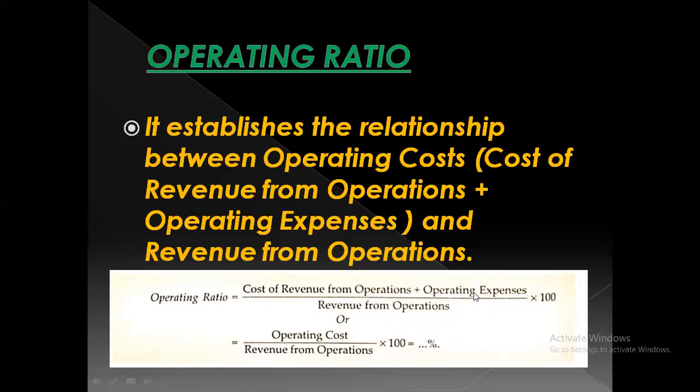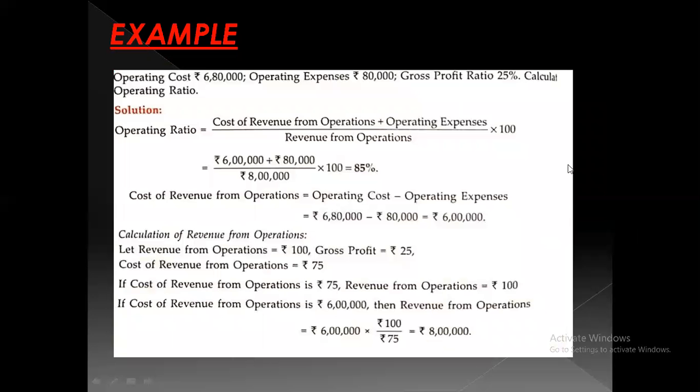Here the meaning of operating expense means operating indirect expense, because the direct expenses are already included in cost of revenue from operation, divided by revenue from operation into 100. Or instead of this, we can write operating cost divided by revenue from operation into 100. This ratio is also calculated in percentage.